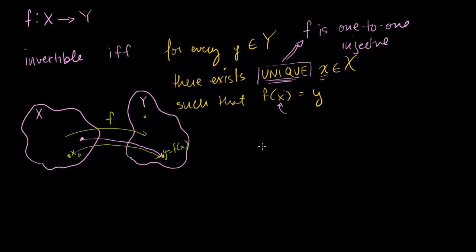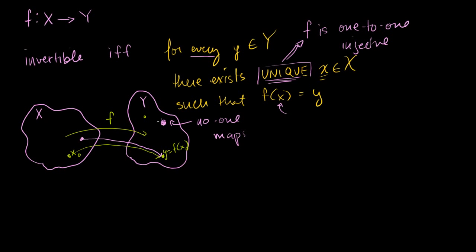Now, the other part of this is that for every y, you could pick any y here, and there exists a unique x that maps to that. There cannot be some y here that no one maps to.